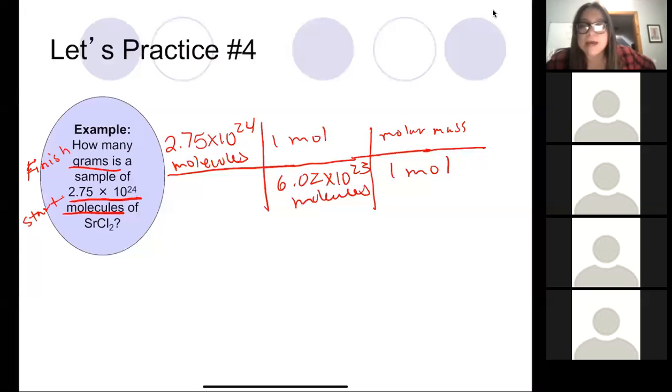What is the molar mass? What is the molar mass that we are calculating? Anybody know?